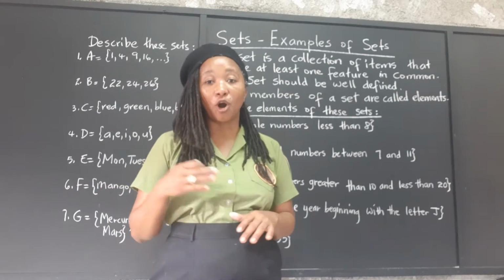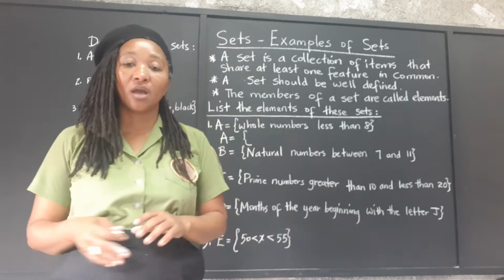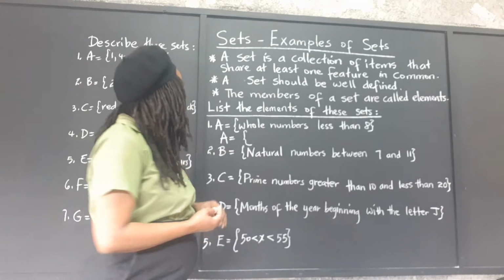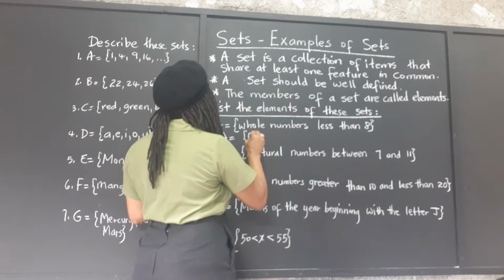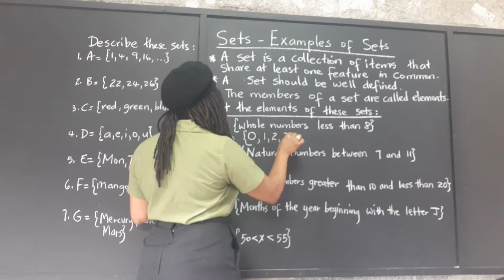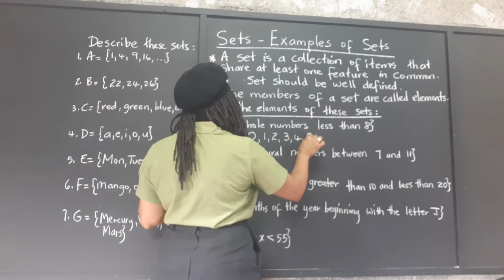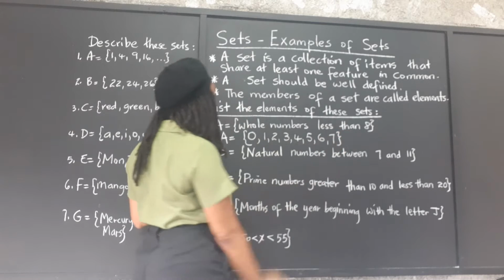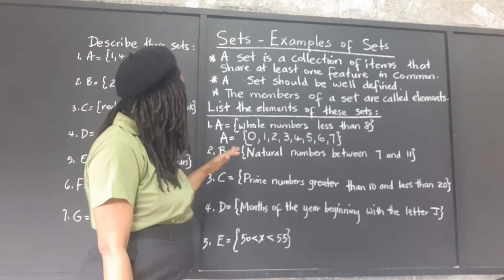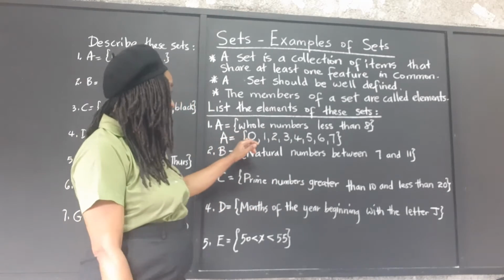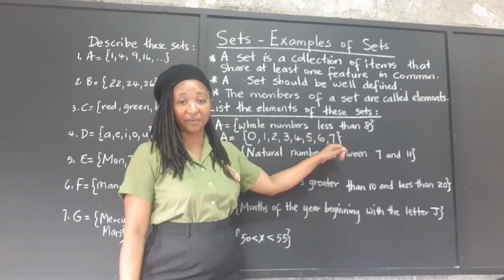Less than 8, so up to 7. The first whole number is 0. So 0, and then we have 1, 2, 3, 4, 5, 6, 7. So these are the whole numbers that are less than 8, from 0 to 7.